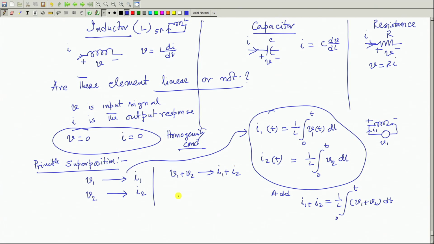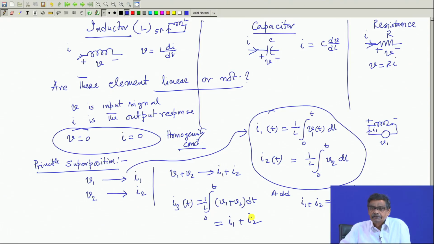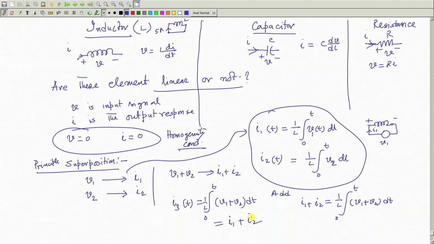When you apply V 1 plus V 2 together, I write current will be say I 3 t, and I will write it like this: 0 to t, V 1 plus V 2 into dt. If you separate these two integrations, it will give you I 1 plus I 2. Therefore, the conclusion is an inductor without any initial current will be a linear device.